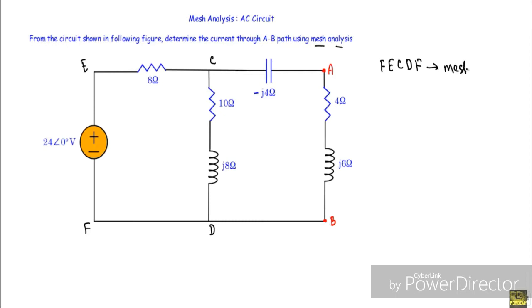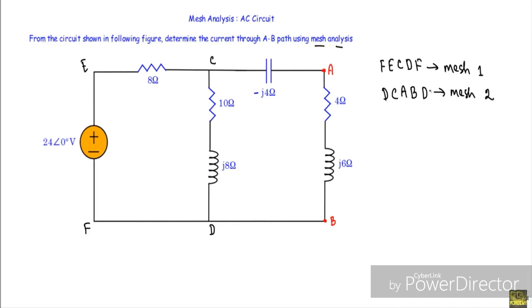Let's say that will be our mesh number 1. After that, this D, C, A, B, D will form another mesh. So D, C, A, B, D, that will be mesh 2.